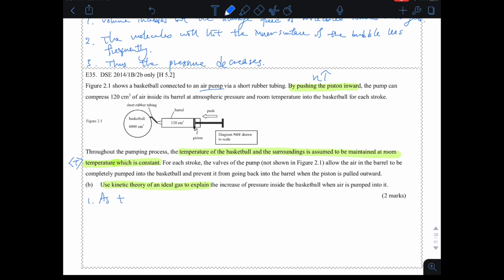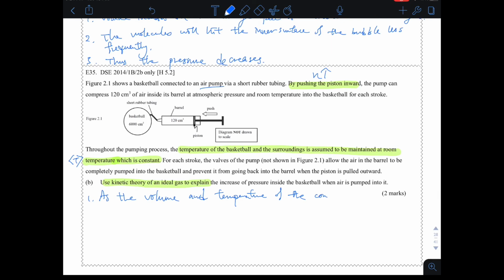Then 2 marks here. Firstly, as the volume and temperature of the container and air remain unchanged, the number of molecules increases.